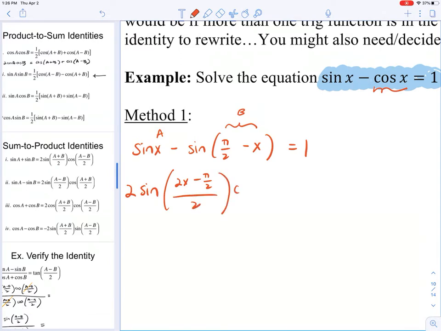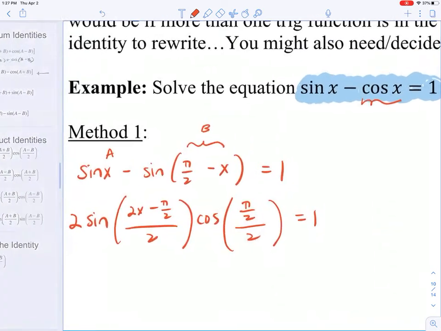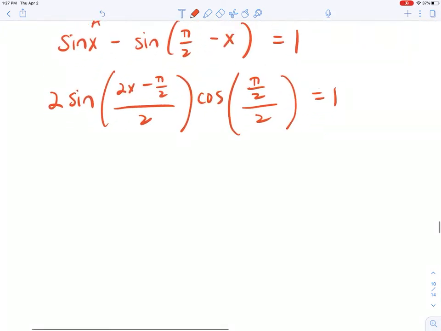Okay, and then all over 2 times cosine of angle A plus angle B over 2. So x plus pi over 2 minus x, that will just be pi over 2, divided by 2, equals 1. Okay, so that was using that sum to product identity.